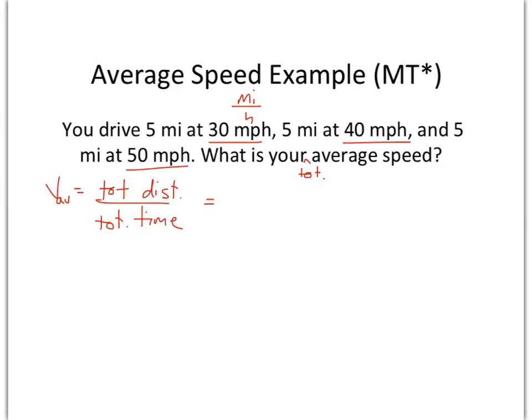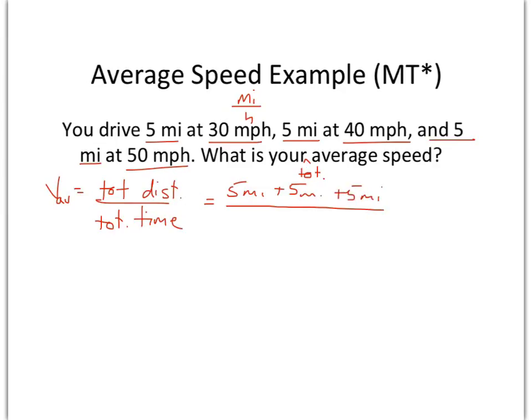Let's calculate the average speed. What is the total distance? Well, we have three different distances: 5 miles and 5 miles and 5 miles, so let's just add them up. The numerator is 5 miles plus 5 miles plus 5 miles.